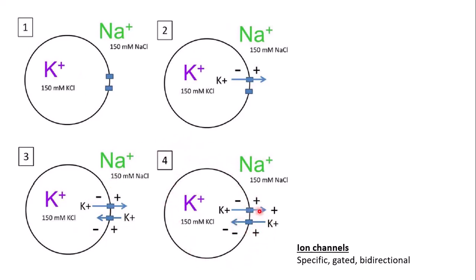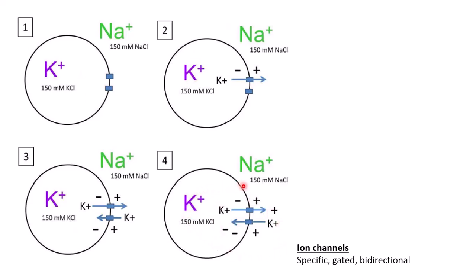Now we go to the fourth. You see now there is equal flow. The amount of potassium flowing outside due to the chemical gradient is equal to the amount of potassium flowing inside due to the electrical gradient. At this point, we say we have arrived at the equilibrium potential for potassium.